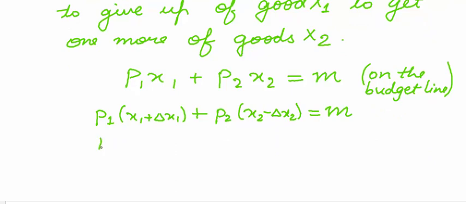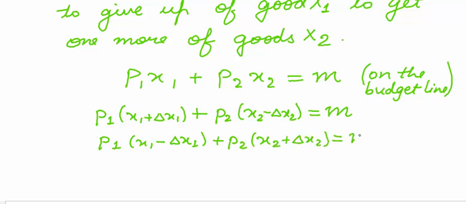Hence, we can say that P1 times X1 plus delta X1, plus P2 times X2 minus delta X2 will be equal to M.